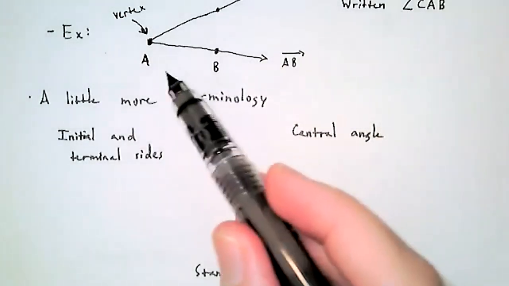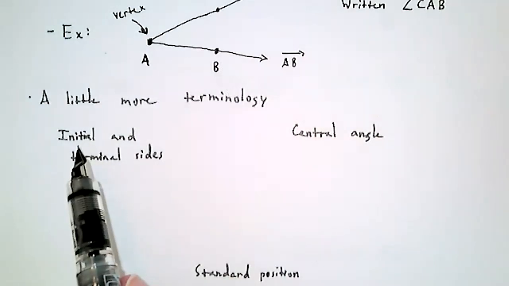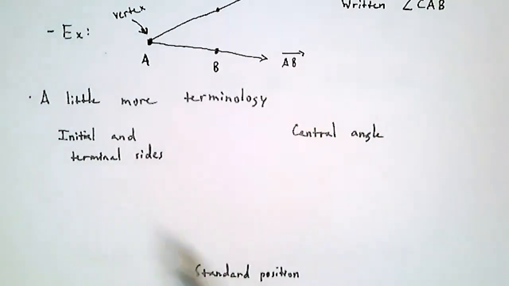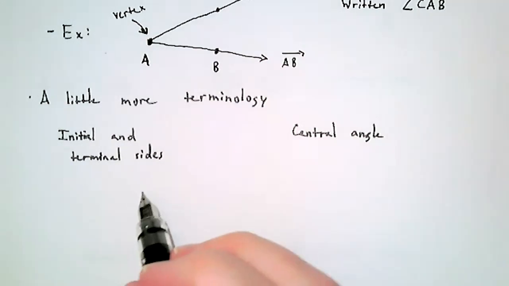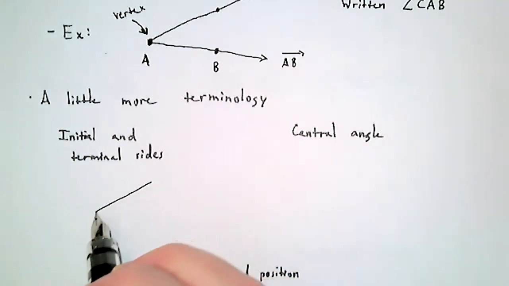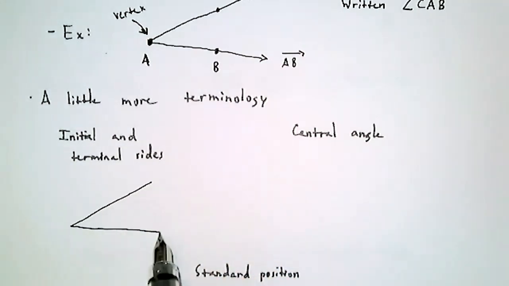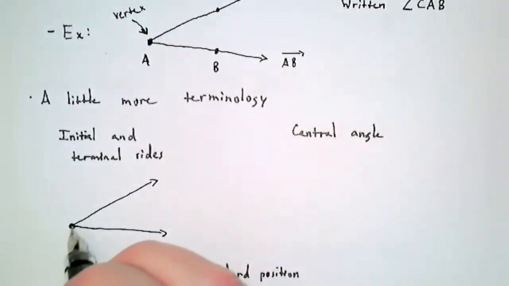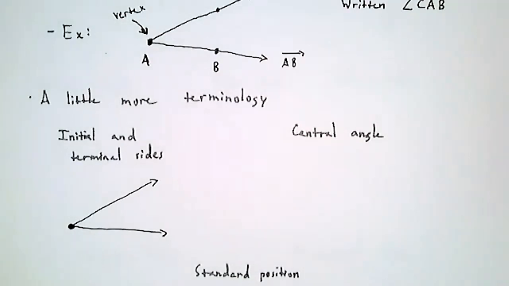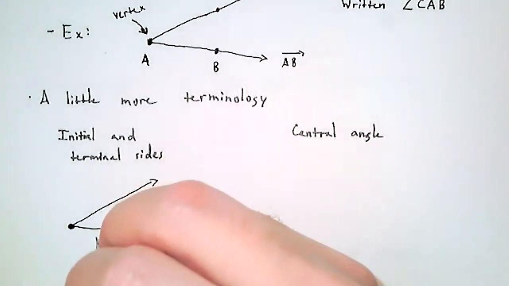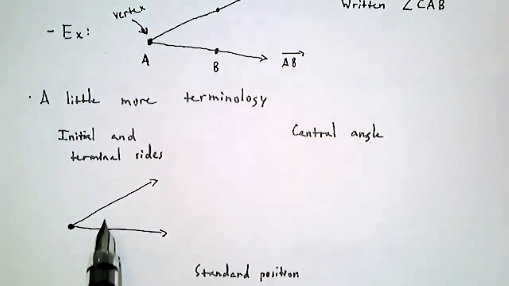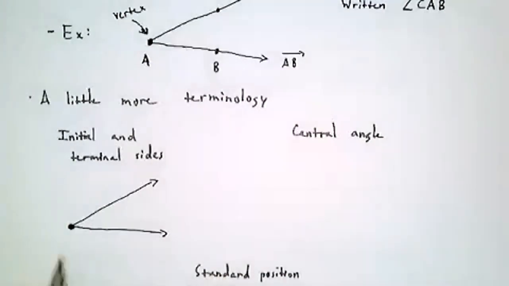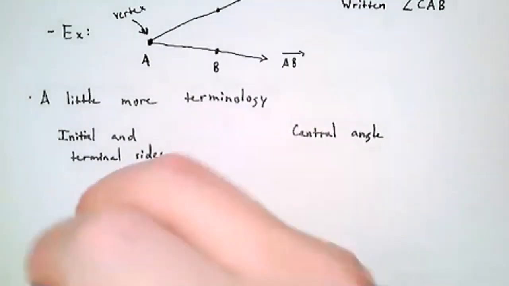When I talk about an angle, I might talk about an initial side and a terminal side. And I can make a little picture to explain what those two words mean. So here's an angle, two rays that share an endpoint. And what we want to think about for an initial side, usually we go in counterclockwise order. So I want to think about this as my initial side.